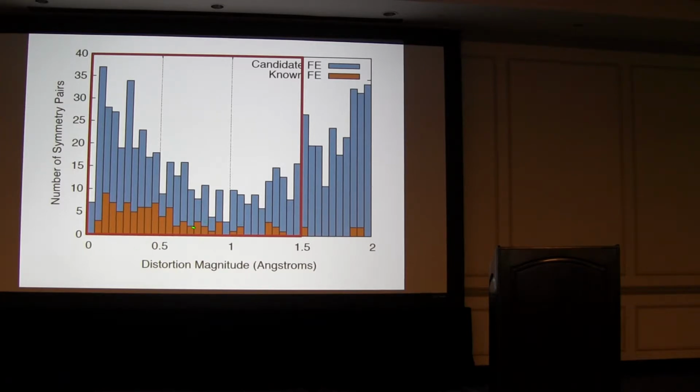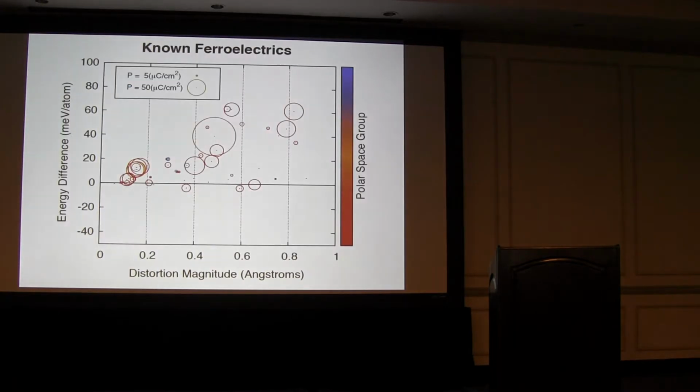Okay, so let me first start by showing you the non-ferroelectrics that we find. By non-ferroelectric, I mean that we know the mechanism of ferroelectricity. For these, we construct this diagram where we plot the energy difference between non-polar and polar structures as a function of distortion magnitude. The size of the circle is the polarization magnitude, and the color corresponds to the polar space group.